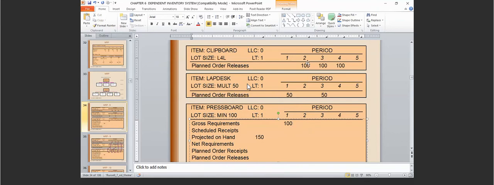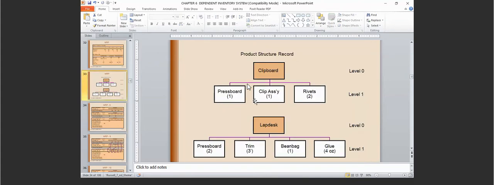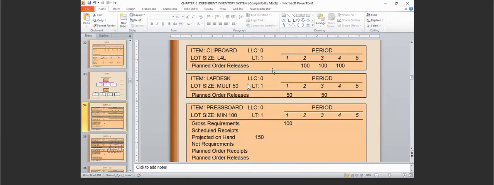And in period 2 of Freshboard, we have information of planned order release from the clipboard of 100 units. Back to the product structure tree, the clipboard only uses 1 unit of Freshboard, so the planned order release quantity here will be multiplied by 1.